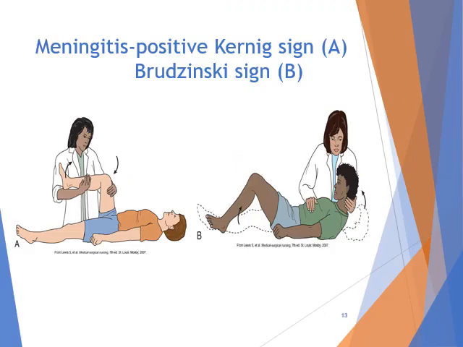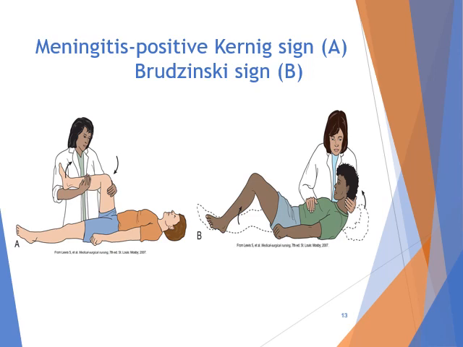Like this, the Kernig sign. So that's the first one. You can see the nurse there bending the patient's knee up. Now they can't lift their leg up. So what happens here is the Brzezinski sign, flexed hips. So B, Brzezinski sign, flexed hips, when the neck is flexed by the nurse.